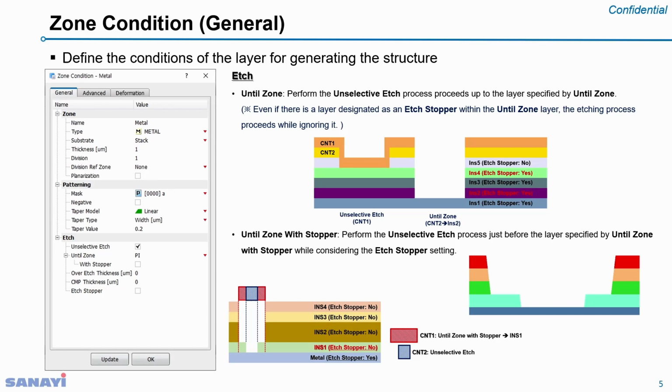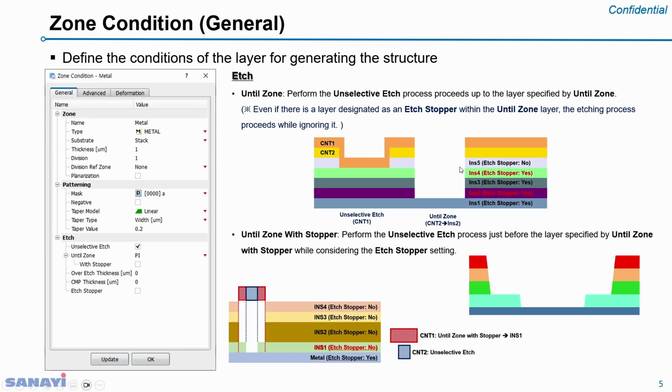On the other hand, until zone performs the unselective etch process up to the layer specified by until zone. Even if there is a layer set as an etch stopper between the layers designated as until zone, the etching process is unconditionally performed.